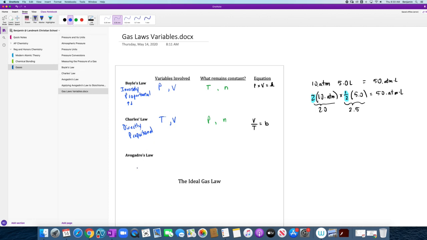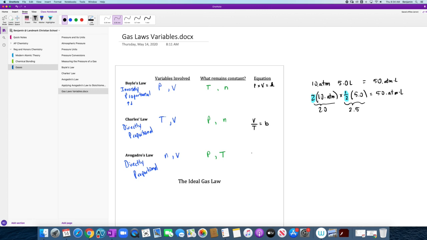Avogadro's law is another directly proportional relationship. And that's the whole idea, that if you change the number of gas particles, the volume's going to change proportionally, as long as you have a constant pressure and temperature. As you change the number of moles, the volume changes as well.